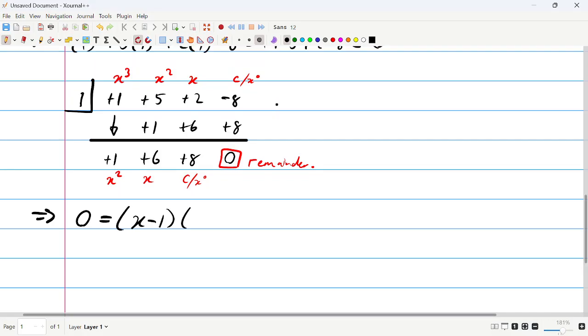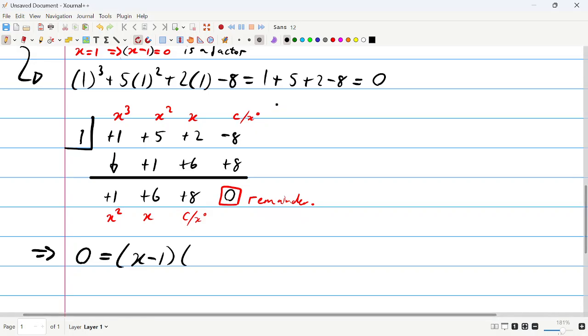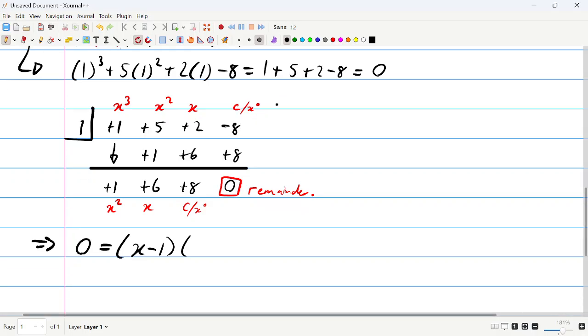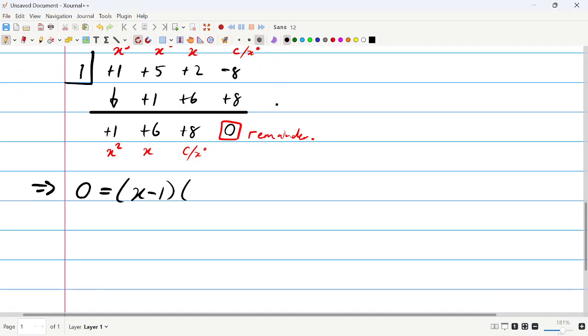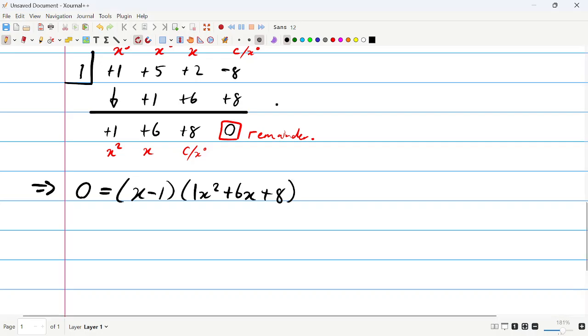From here, where we did all of this, and now we're going to take the coefficients. So therefore it's going to be 1x squared plus 6x plus 8. Okay. And then from here, we just factorize, right?